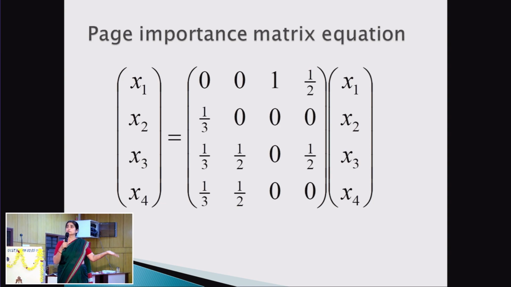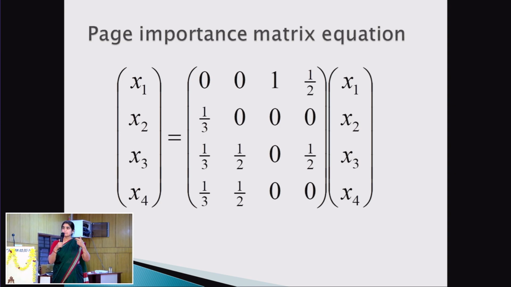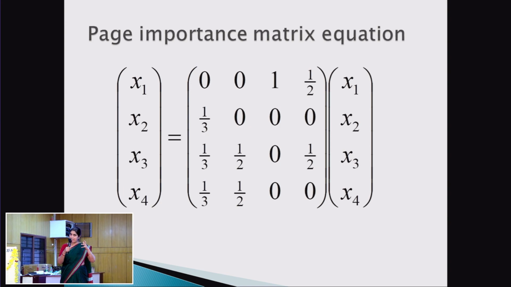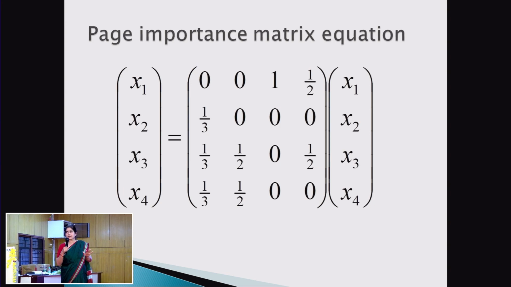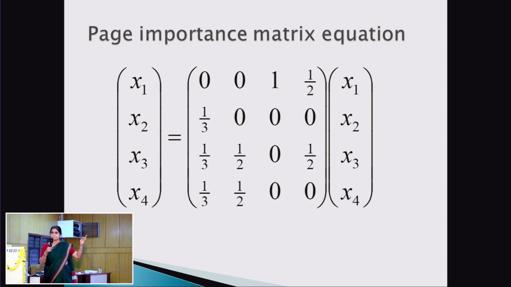But you'll say, ma'am, you talked about the transpose. What about the original? But eigenvalues are the same. A matrix and its transpose both have the same eigenvalues. Eigenvectors may be different, but eigenvalues are the same. So 1 is an eigenvalue for this matrix.